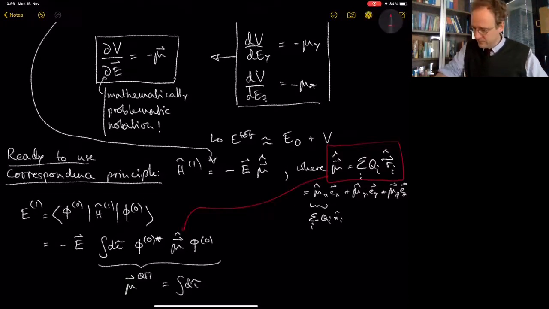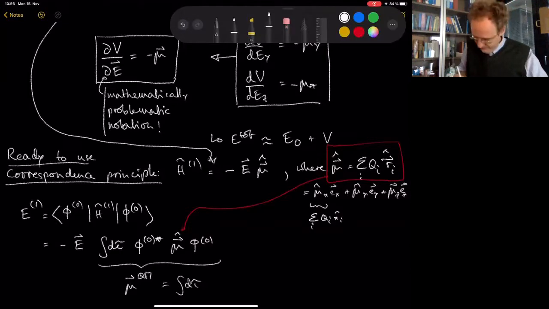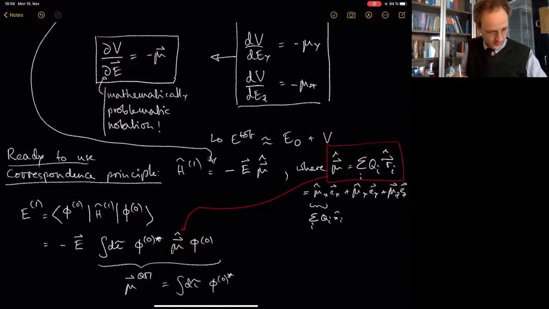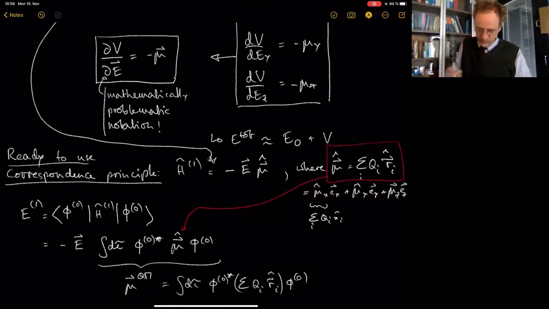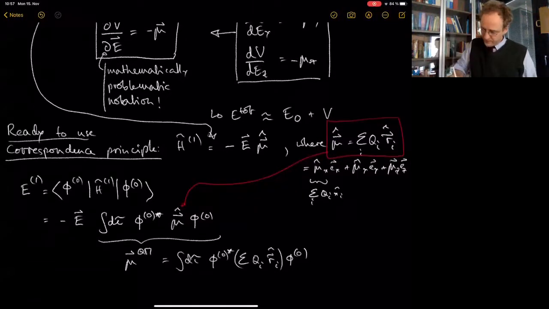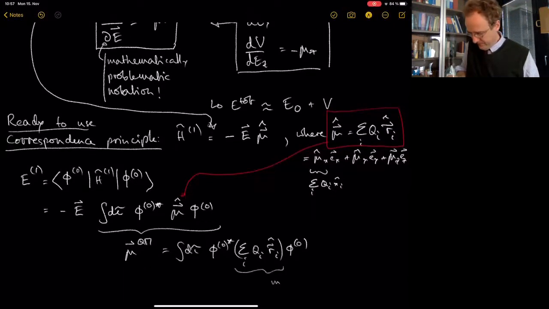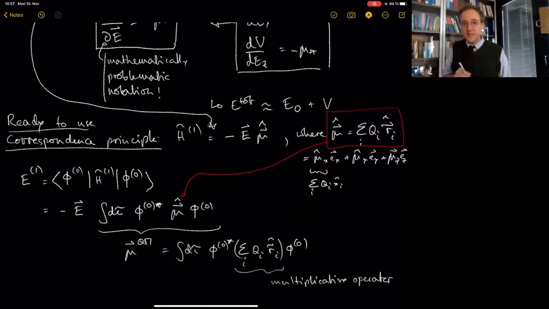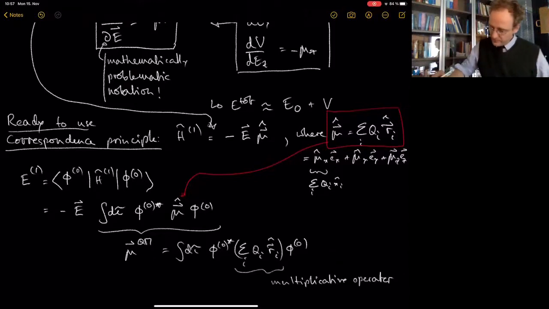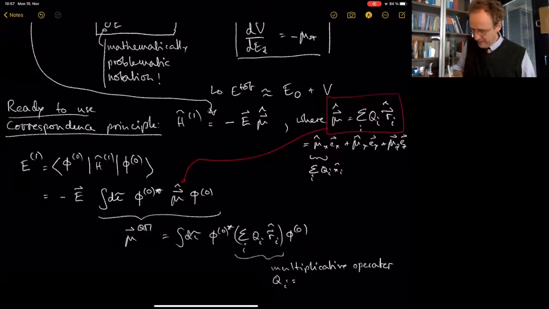Plug this in, and to do so, you see that this is a multiplicative operator, which sums basically over the positions of all the electrons, right? So Qi is the charge of electron i.